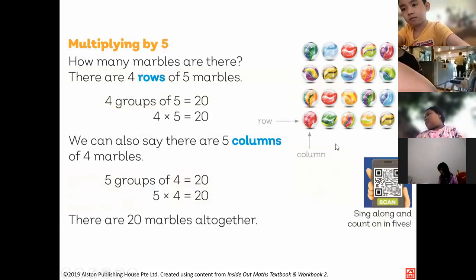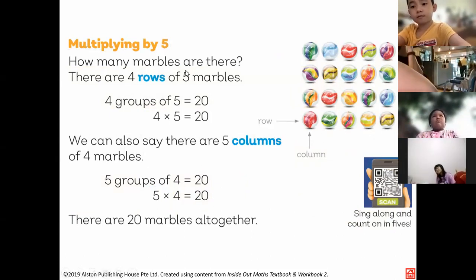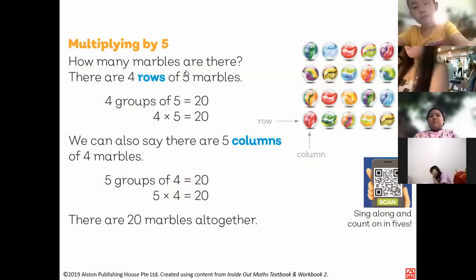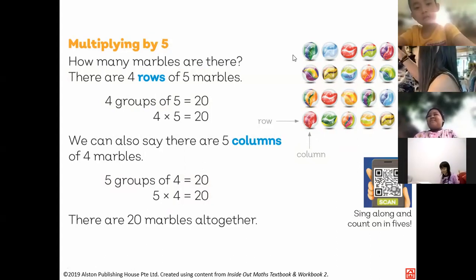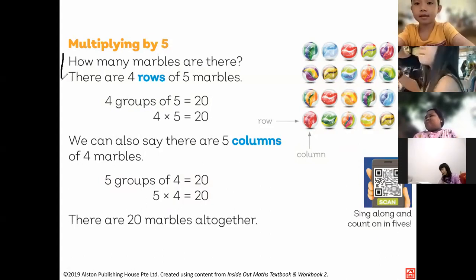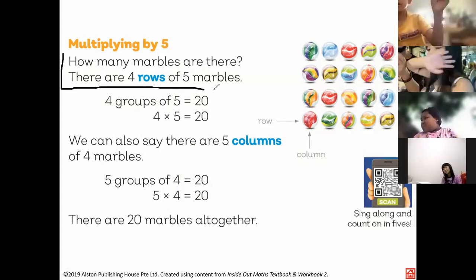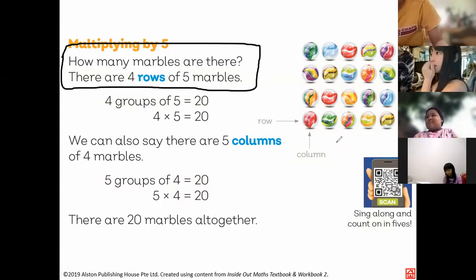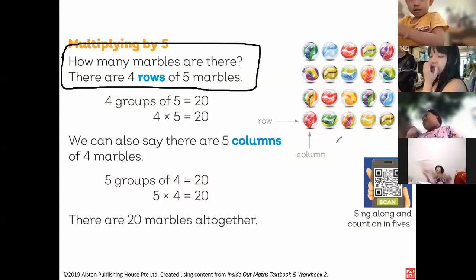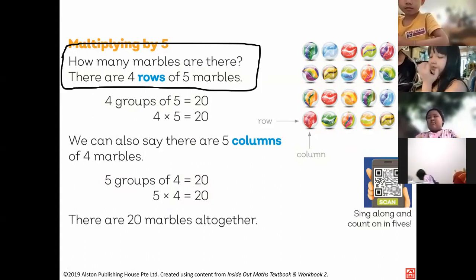All right, now let's try to learn multiplying by 5. So here's the first example. Kampi, can you read this one? How many marbles are there?